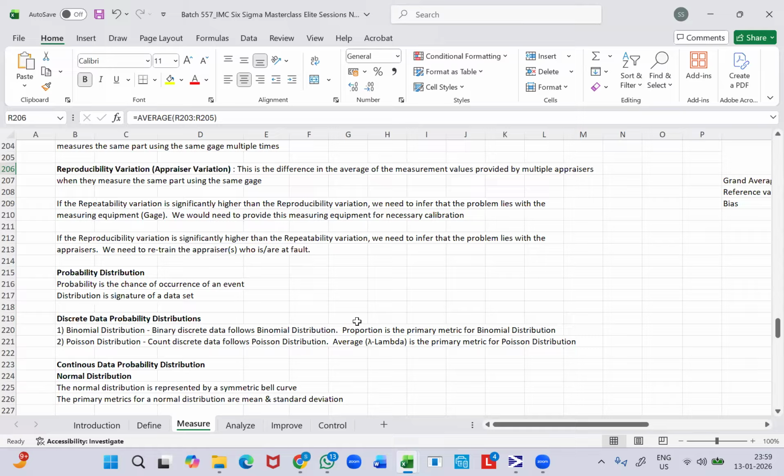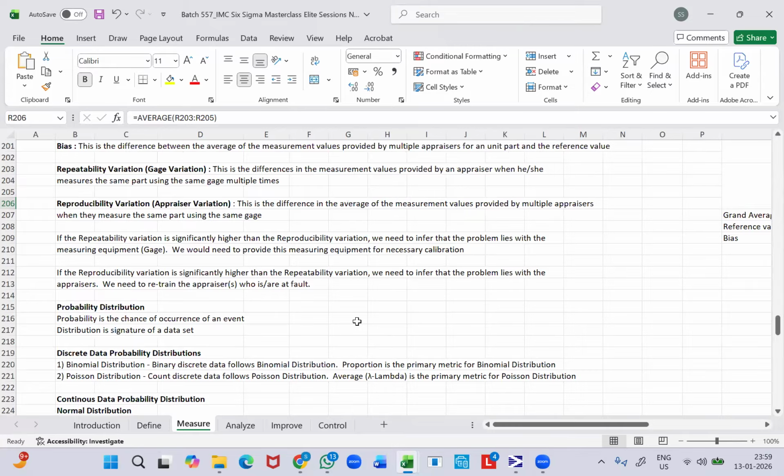We will also learn how to calculate the actual sigma level for a process performance, which is normal, under normal distribution. All these things we'll look at tomorrow.